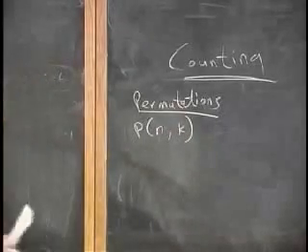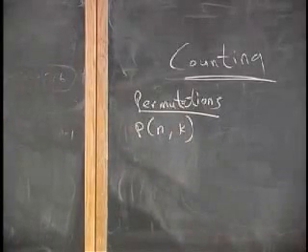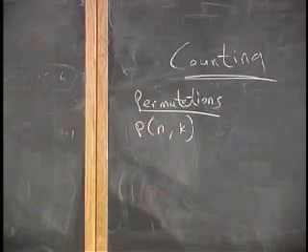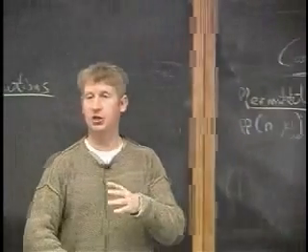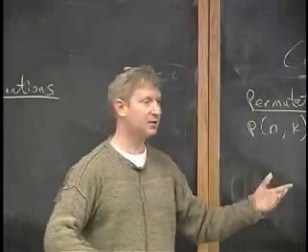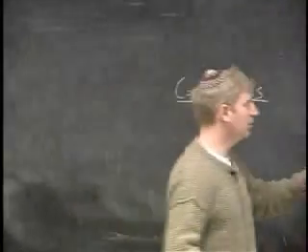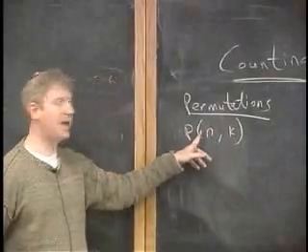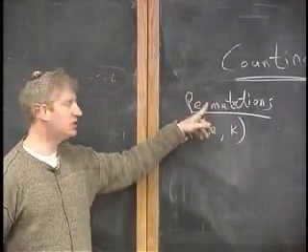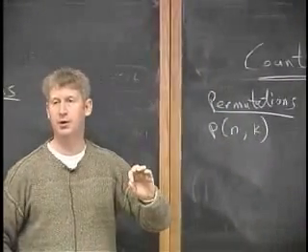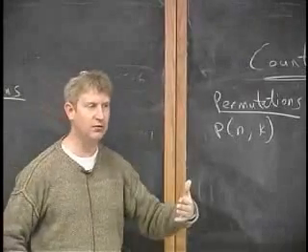Here's a symbol, P(n,k). We used P(n) before to mean the number of permutations, or the number of ways to order n elements. So what this means is I want to choose k people from n people, and permutations mean that I care about the order, that I care who's president, I care who's vice president.